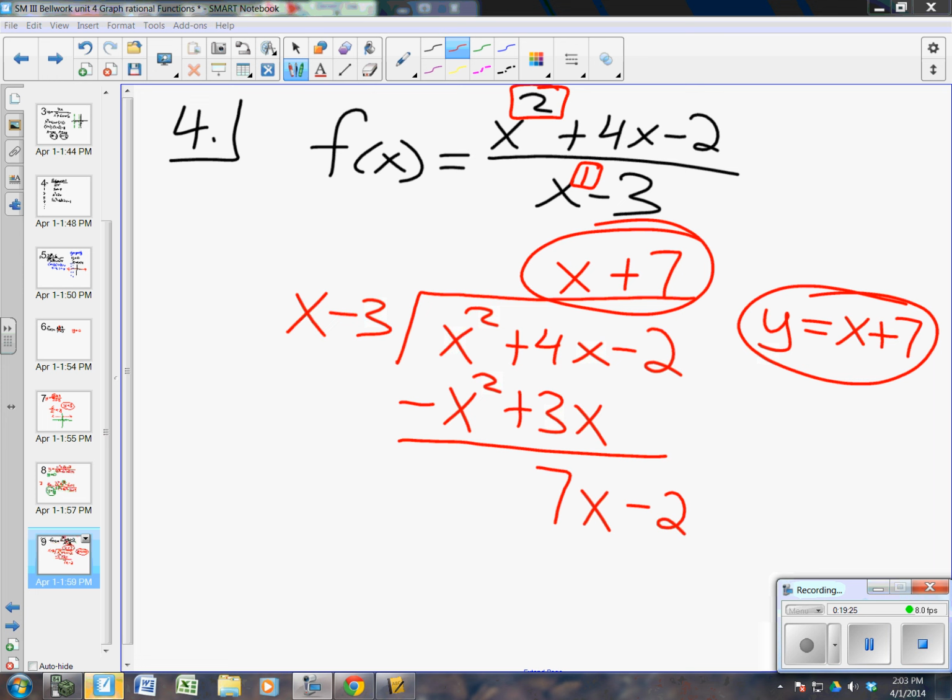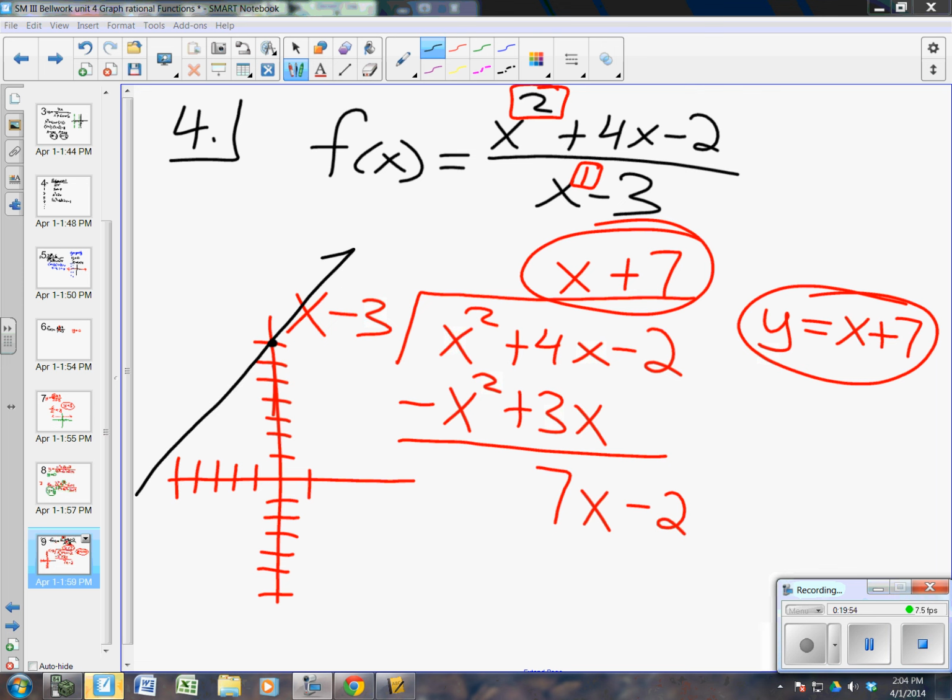That means if you graph this right here, my oblique asymptote would have a y-intercept of 7, and then it would go on a slant like that.